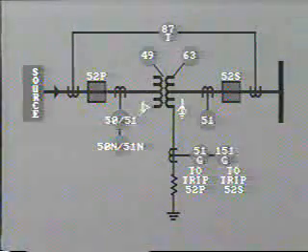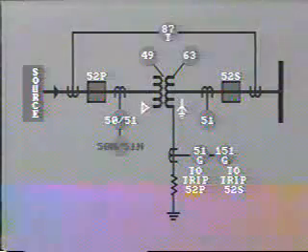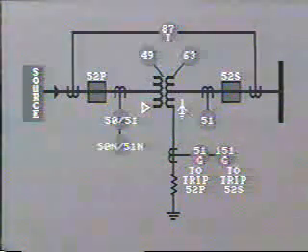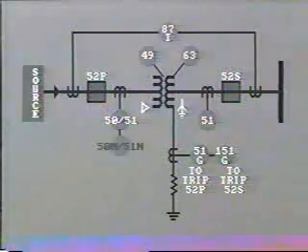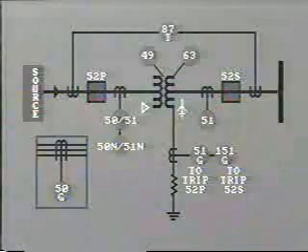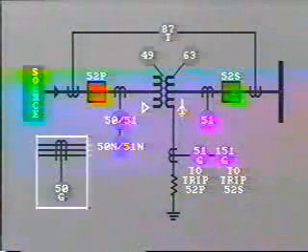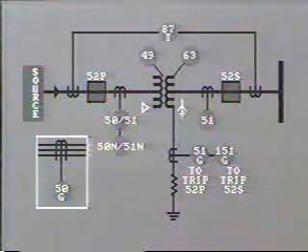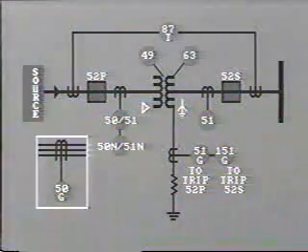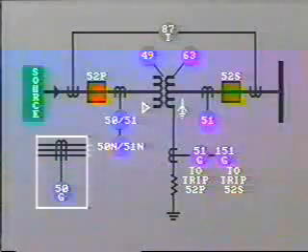The delta-connected primary is not grounded. Therefore, backup ground protection for the primary is provided by this residual relay 50N, 51N. Alternate protection has a toroidal CT around the primary conductors to measure out-of-balance current, such as that which would occur in the case of a ground fault on the primary winding.